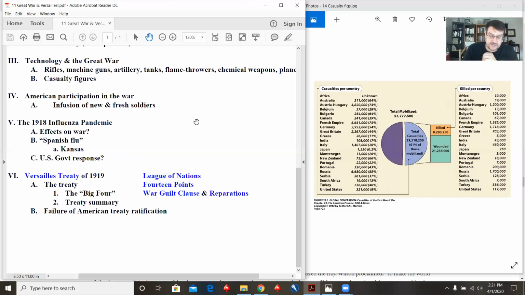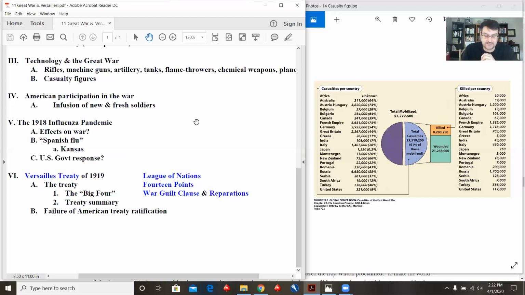The 1918 influenza pandemic was known at the time and sometimes even today as the Spanish flu. This is a misnomer. The influenza epidemic did not originate in Spain. So the fact it's called the Spanish flu has nothing to do with it originating there at all.